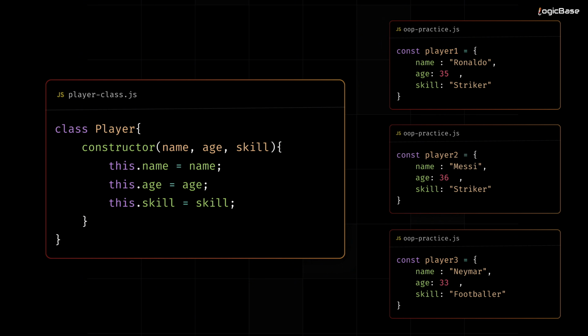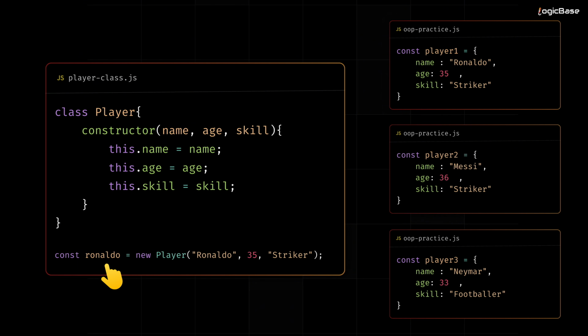So, as we just saw, when creating individual objects, the properties of each one are basically the same. Now, if we want to bring all of that into a common place, we will need something like a factory, a system from which all players will be created. Imagine we have a player factory. All we will do is provide the data. For example, Ronaldo. Age 35, skill striker, experience 10 years.